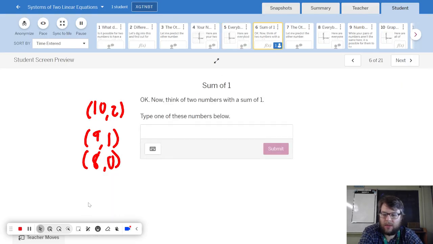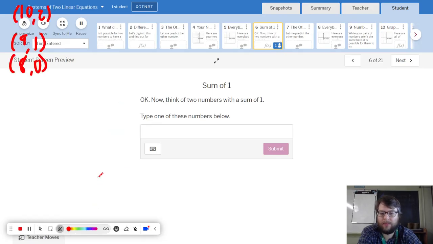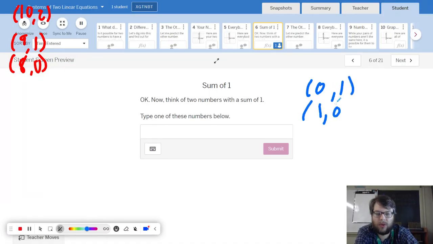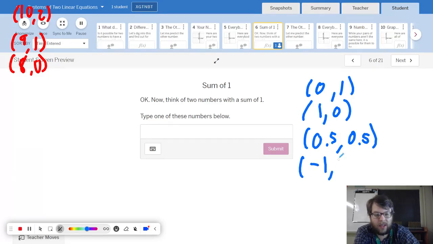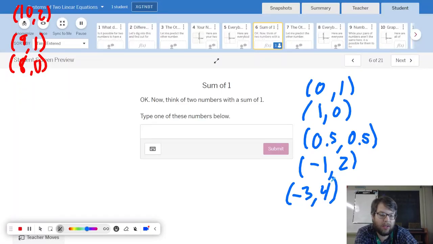Now, same sort of idea. We want to think of two numbers that are going to add up to equal 1. Okay. Two numbers that add up to 1. Maybe I'll use a different color for these. So I could do 0 plus 1, or 1 plus 0, or 0.5 plus 0.5, or I could even do negatives, like negative 1 plus 2, or negative 3 plus 4.